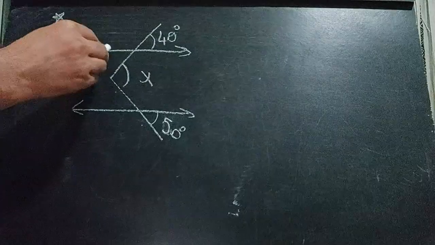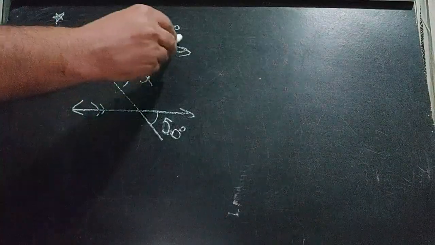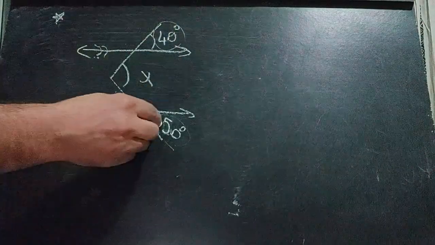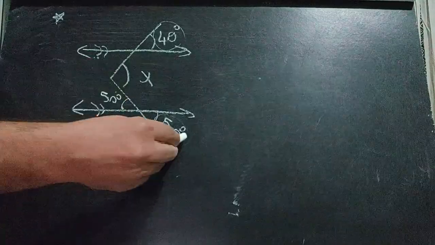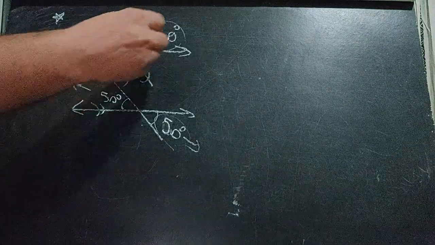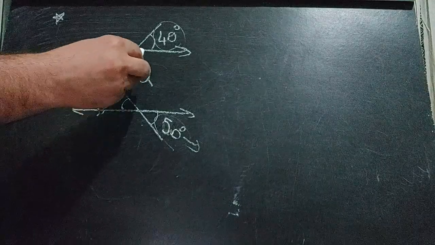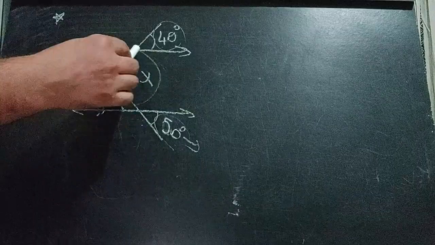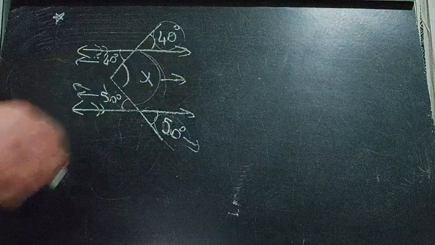Alright, my next question is that this and this straight lines are parallel to each other. This angle is 40, this angle is 50, and what is X? So this angle and this angle are the same angle. Remember, they are looking at opposite direction. This one is opposite direction to 40 degrees. So now, remember I showed you for these angles between straight lines, between them, these angles are the same.